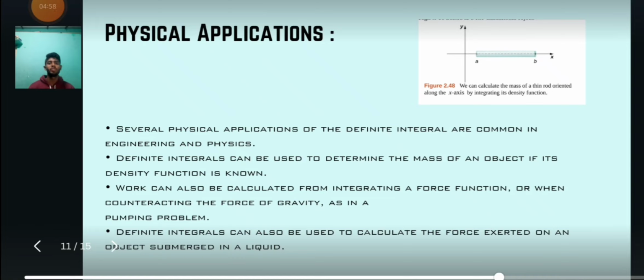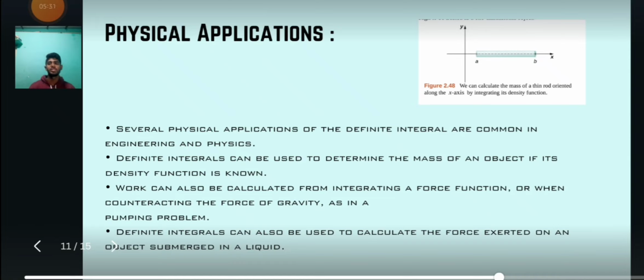Work can also be calculated by integrating a force function, or when counteracting the force of gravity, as in a pumping problem. Definite integrals can also be used to calculate the force exerted on an object submerged in a liquid. Means the objects which are present inside the liquid experience a force. We can calculate the force which is being experienced by them by using definite integrals.